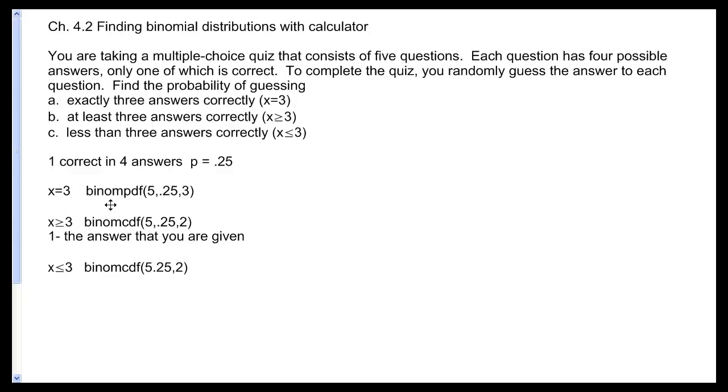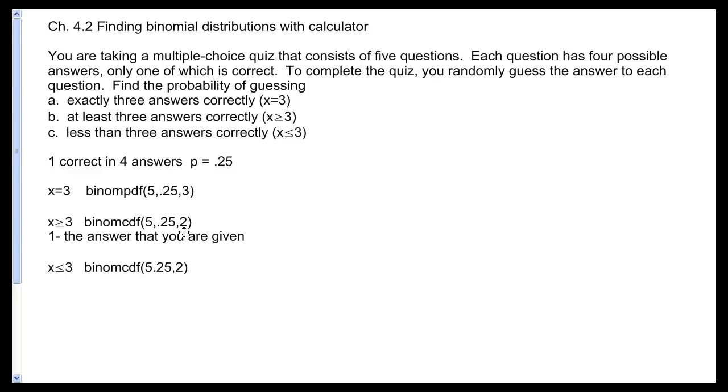So I'm going to use the regular binomial distribution to get x equal to 3, but when I start doing one where it's greater than or less than, I'm going to need to do the cumulative binomial. And so what I'll do here is I'm actually going to do the cumulative binomial using the ones that are not correct, like 2 or under, because I need an upper limit.